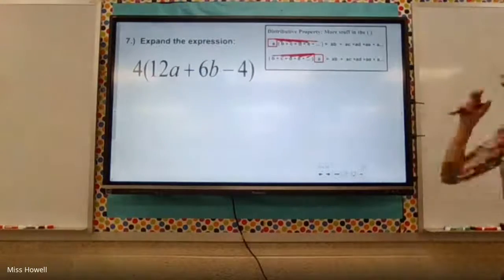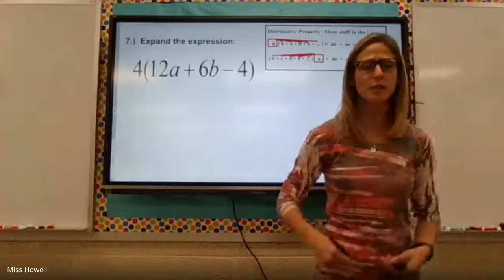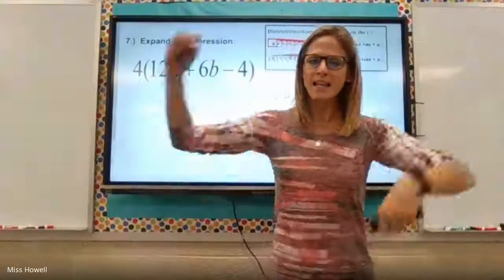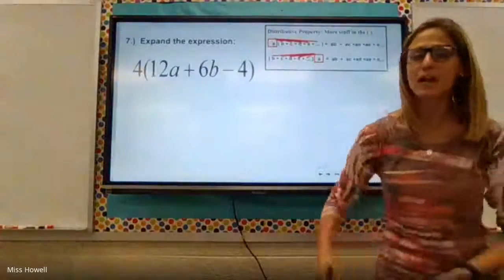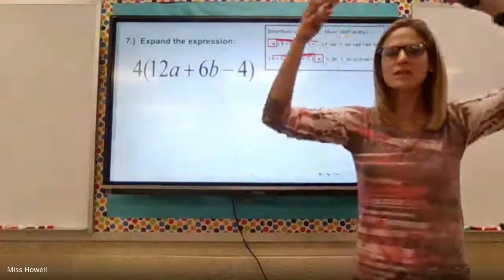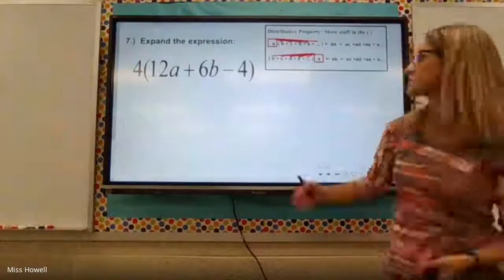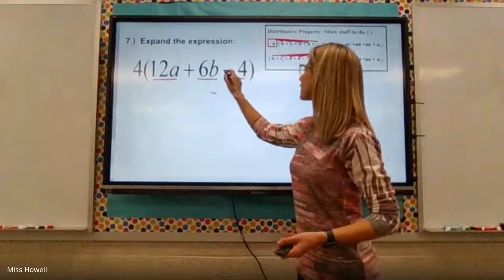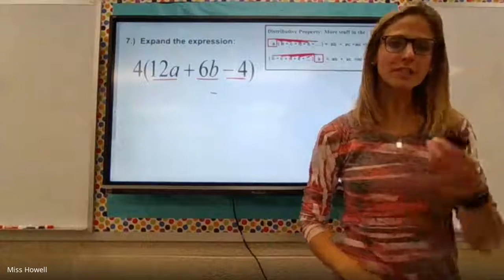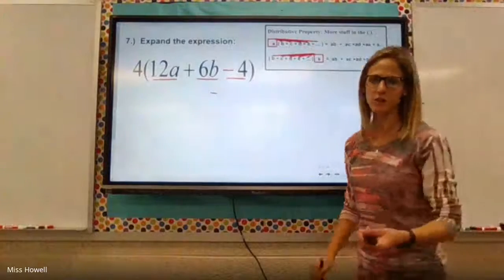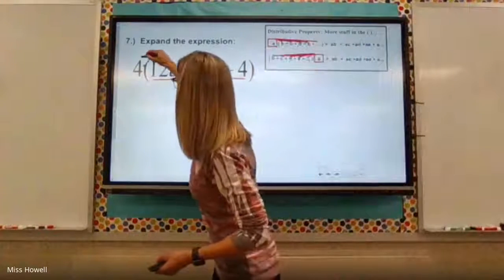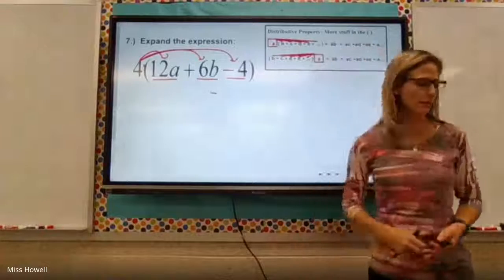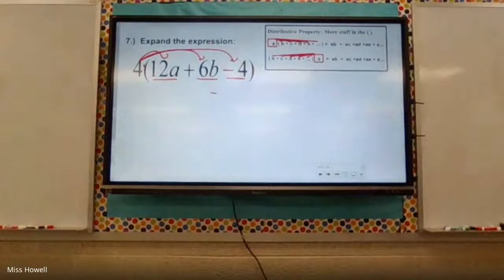All right. Just like with our numerical expressions, the distributive property says as long as we have something being multiplied on the outside and stuff being added and subtracted on the inside, we take that outside thing and share it to everything on the inside. So in this case, there's 3 items, 12a, 6b, and -4, that we have to share that 4 times with when we expand using our distributive property. All right, so 4 times 12a, 4 times 6b, and 4 times -4 to get our expanded version.